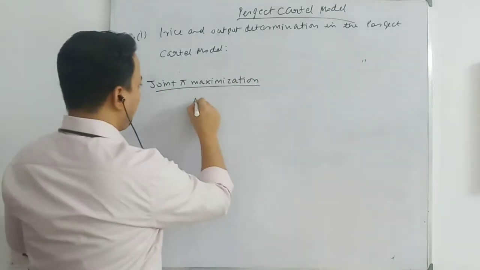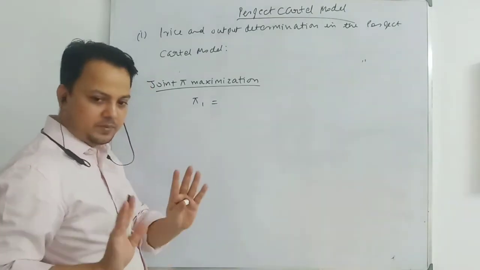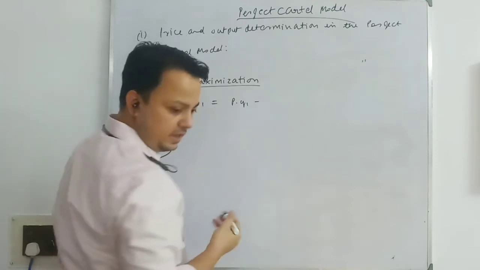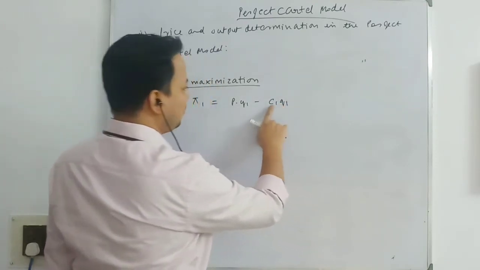The profit of firm 1: the price will be the same, as you have seen. It is price times Q1 minus the cost that this firm will be charging. Let's write it as C1 Q1, where this is the marginal cost and this is the output.